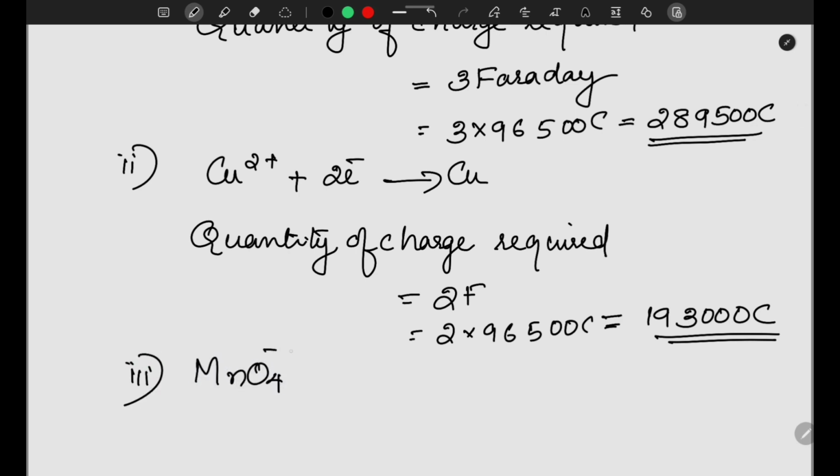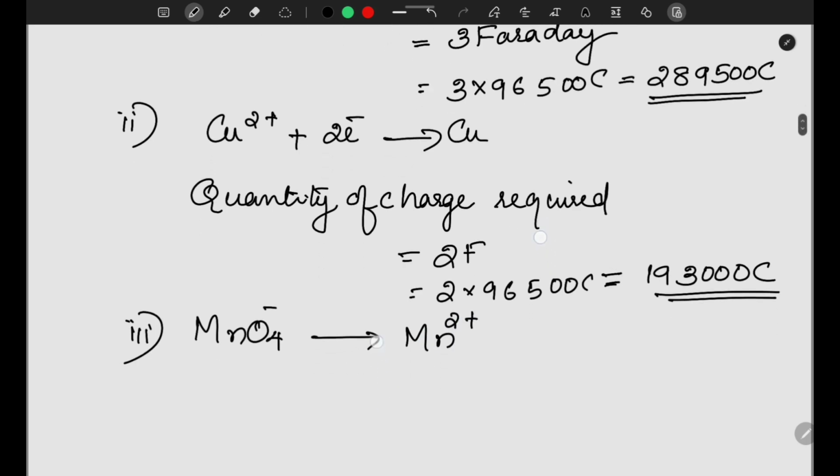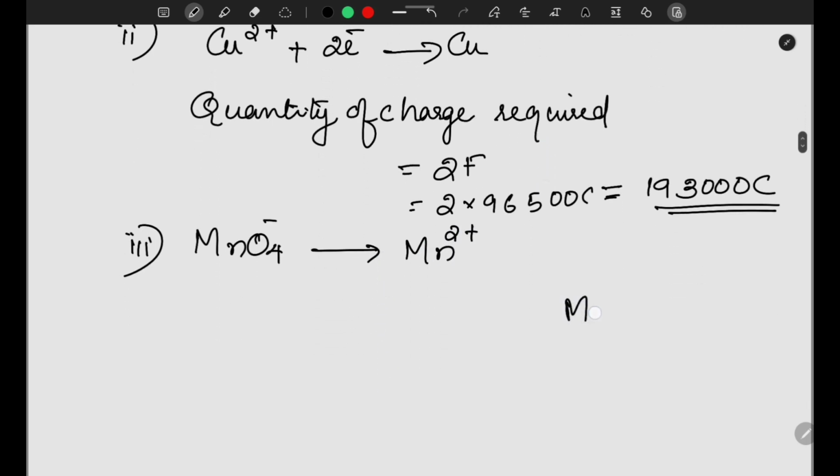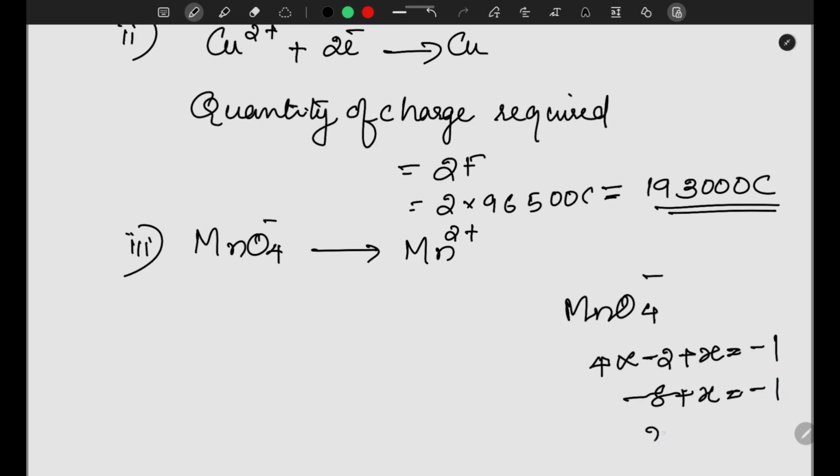MnO4- to Mn2+. The oxidation state of manganese in MnO4- is +7, because 4 into minus 2 plus x equal to minus 1, minus 8 plus x equal to minus 1, x equal to minus 1 plus 8, that is +7. So here the change in oxidation state is from +7 to +2.